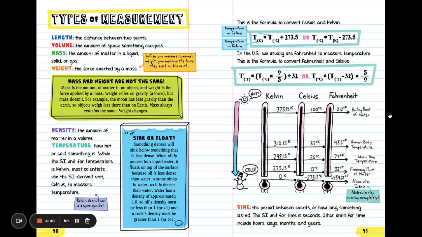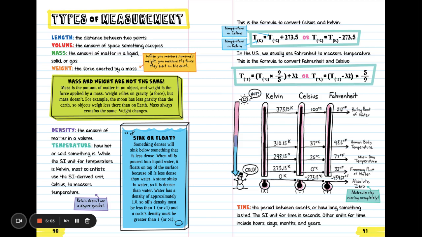It boils at the same temperature technically, but because we use different measurements, it's going to look different. So 212 degrees Fahrenheit is the same as 100 degrees Celsius, is the same as 373.15 Kelvin. And that's the temperature that water boils at. So in Fahrenheit, human body is 98.6.